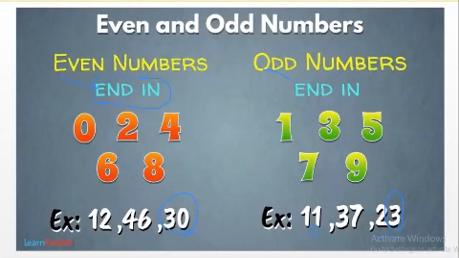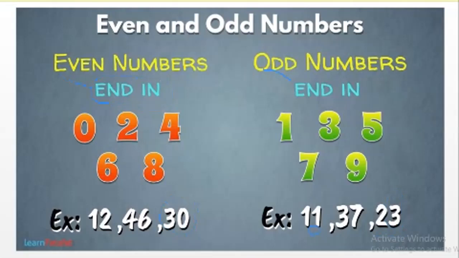Most important, you can say that this is the rule of the even and odd numbers. And after knowing this rule, the whole work will be very easy for you. So let's have a revision. Just have a revision with me: what are the even numbers? Can you tell me?